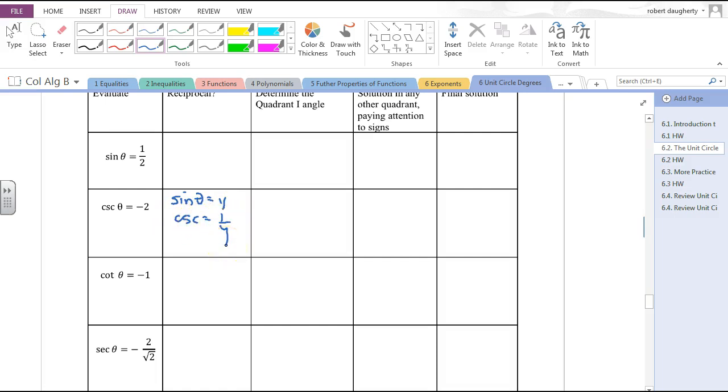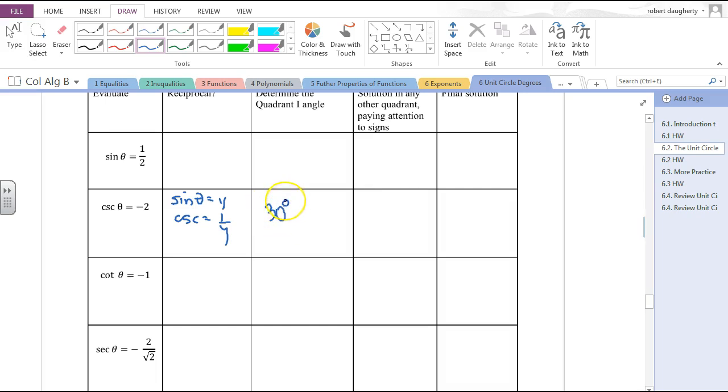Do you see anywhere on the unit circle where 1 over y would be equal to 2? Right here, 1 over 1/2 is 2. So that tells me this is talking about a 30-degree angle.